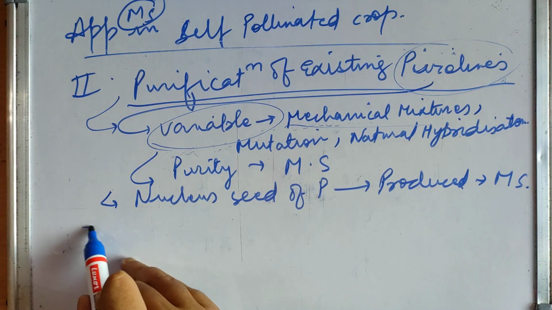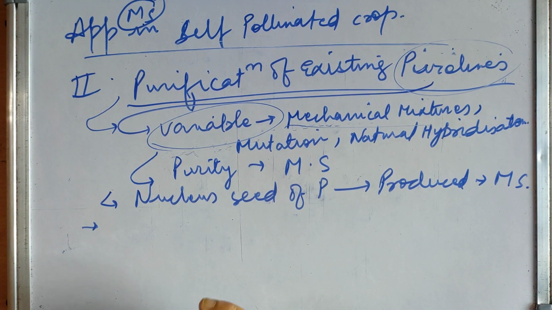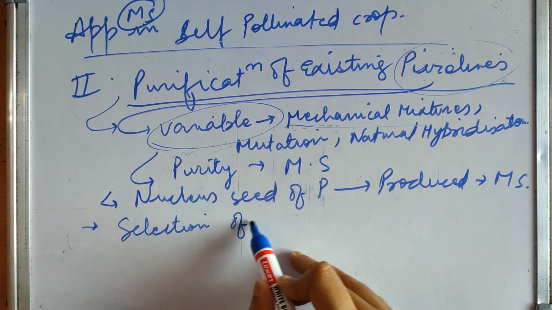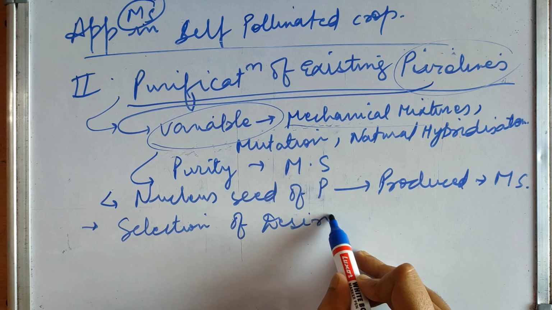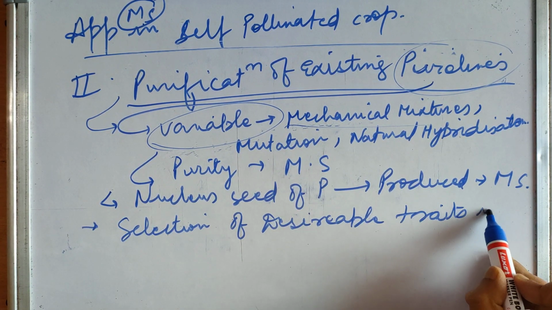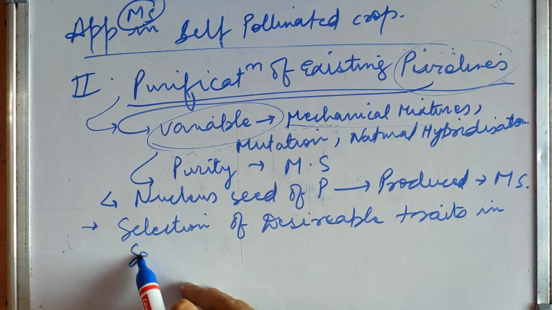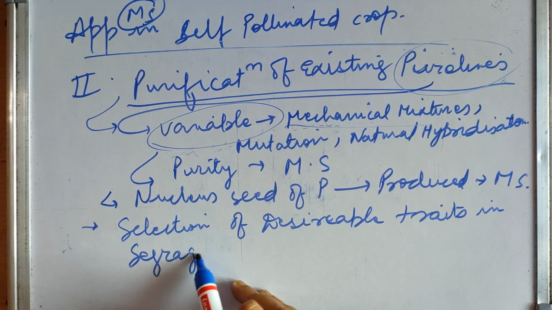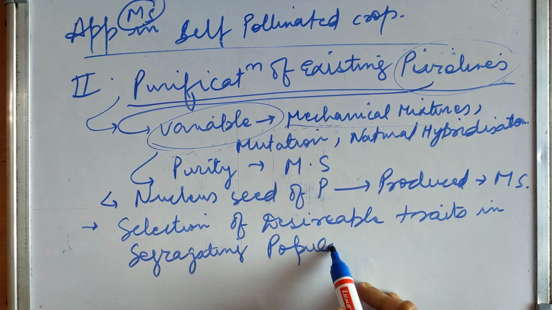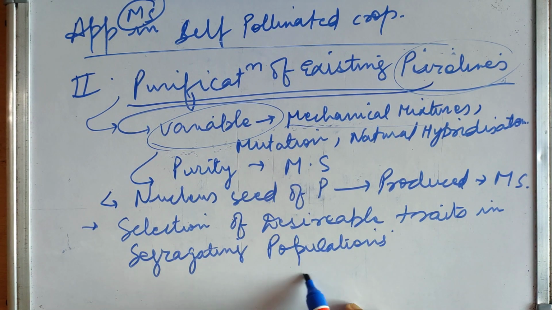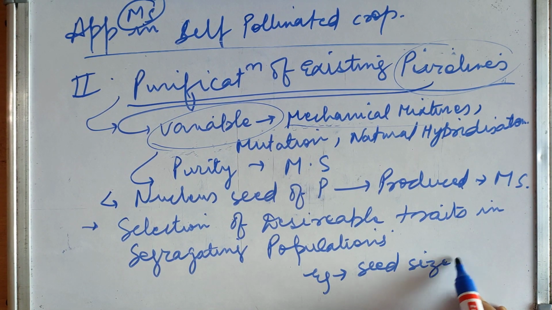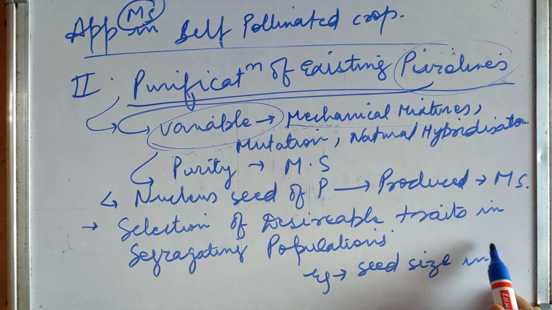Mass selection also helps in selection of desirable traits in segregating populations, for example seed size in oats.